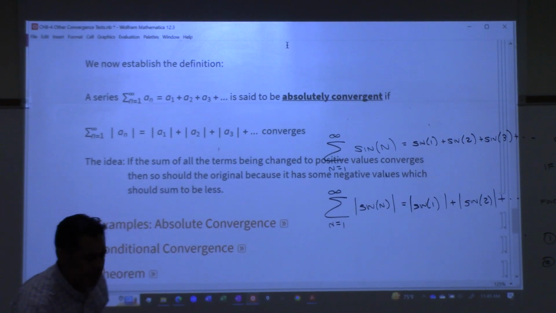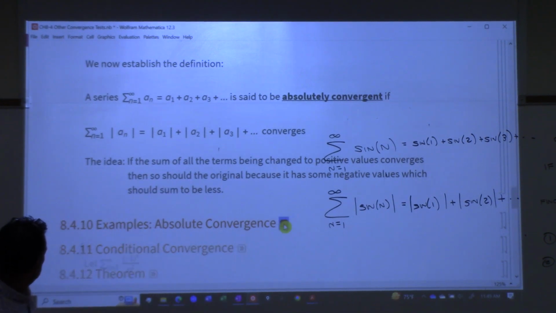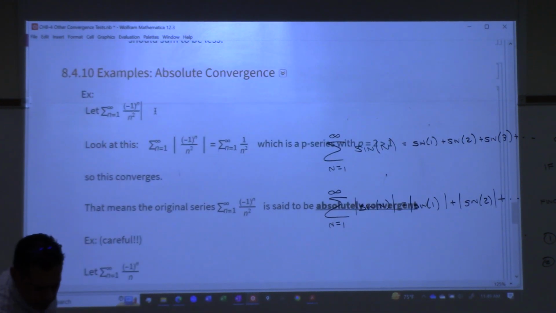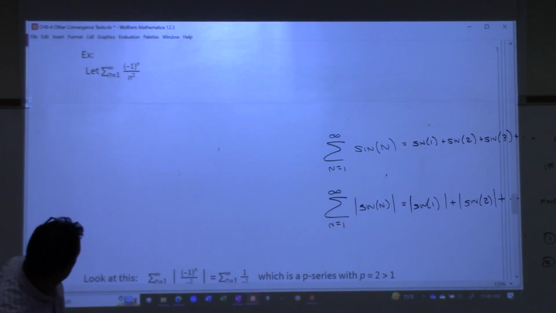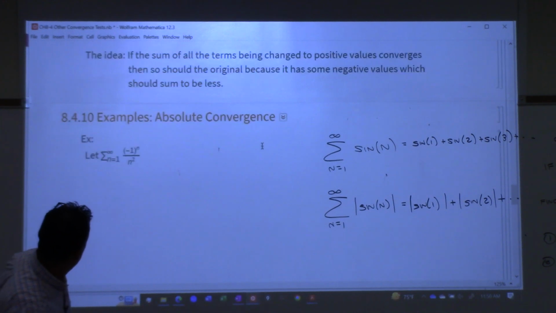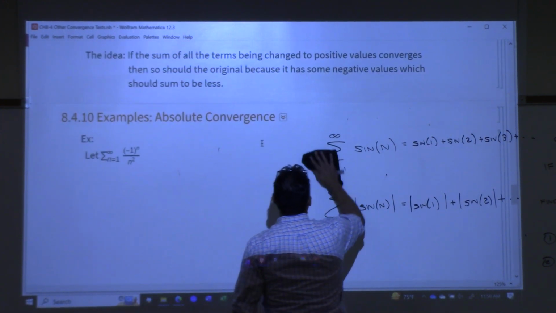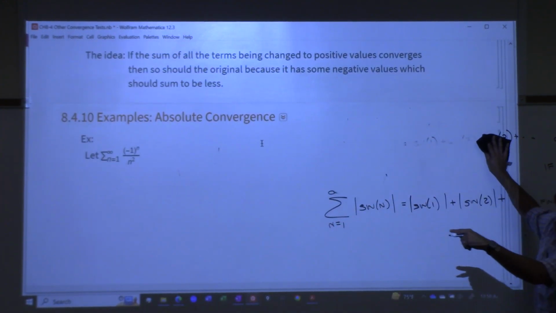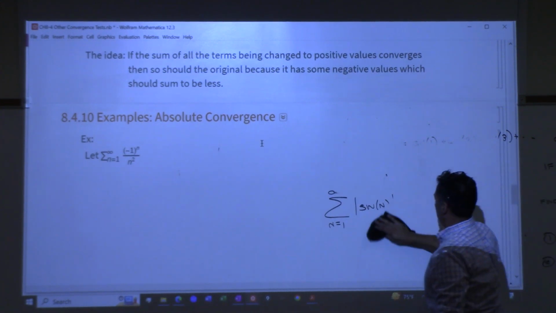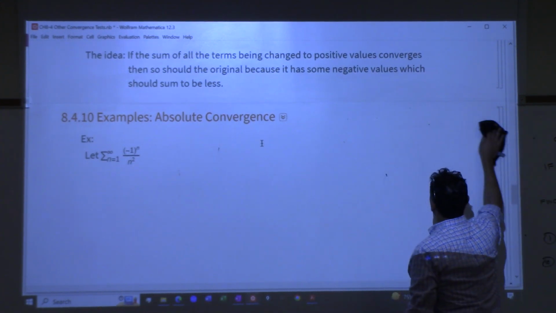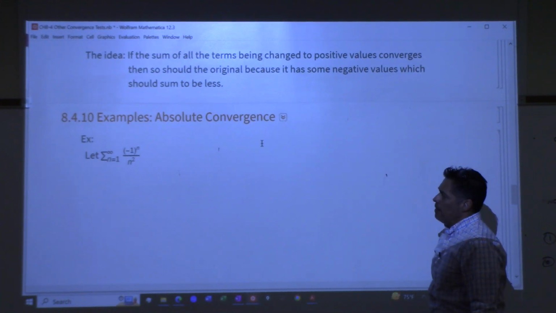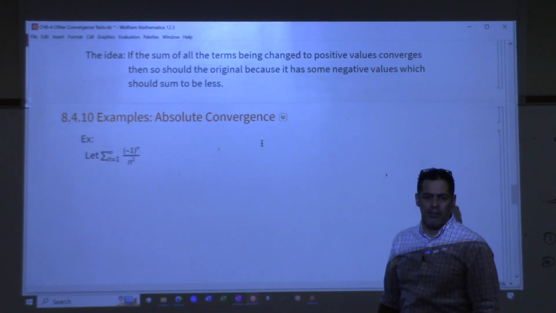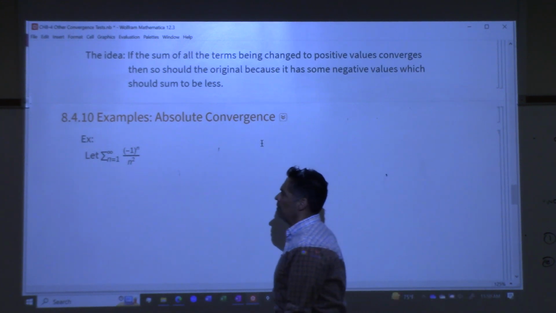So I need to show you an example. All right, look at that example there. Is that big enough? Can you all see that? Is this absolutely convergent or not?